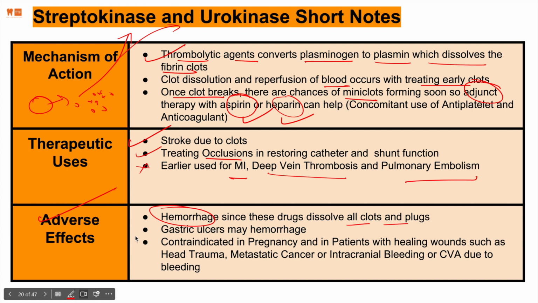Gastric ulcers may hemorrhage out, for example. They're contraindicated in pregnancy and in patients with healing wounds, such as head trauma, metastatic cancer, intracranial bleeding, stroke, which is cerebrovascular accident, CVA due to bleeding. So what does that do for us? It lets us know that streptokinase and urokinase can be used in a stroke due to clots, not a stroke due to bleeding. Remember that point.